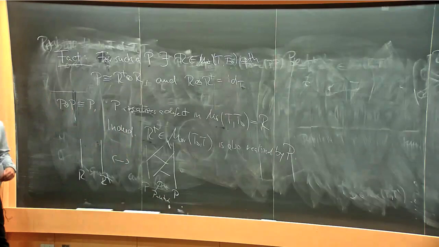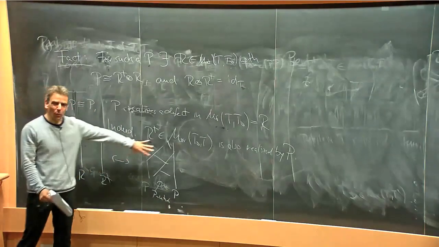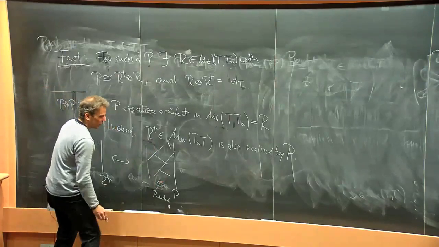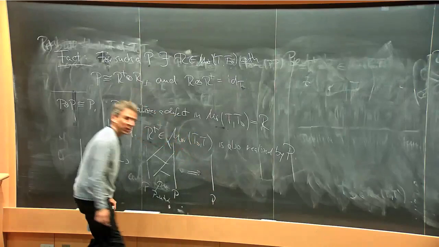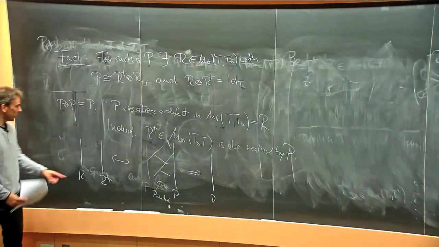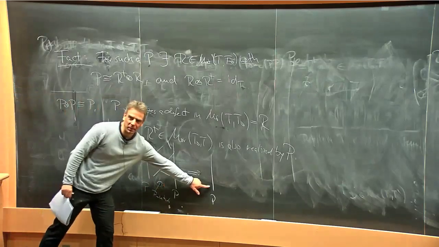And the rules of your P networks, which allow you to basically deform your network away, is that if you squash this together, this is nothing but P, because P tensor P is P. So you see that if you take this R and tensor it with R dagger, you get out P.